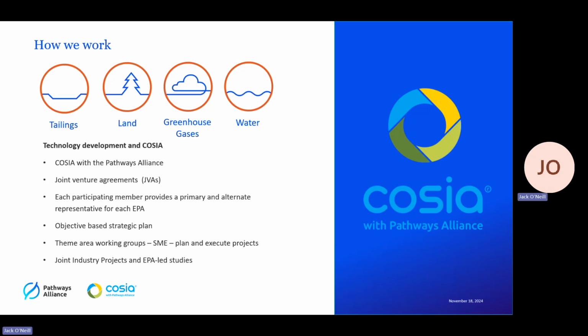So tailings, land, greenhouse gases, water, 4 different JVAs, joint venture agreements. Each participating member in each one of the EPAs provides a primary and an alternate representative. Each one of those EPAs has an objective-based strategic plan.